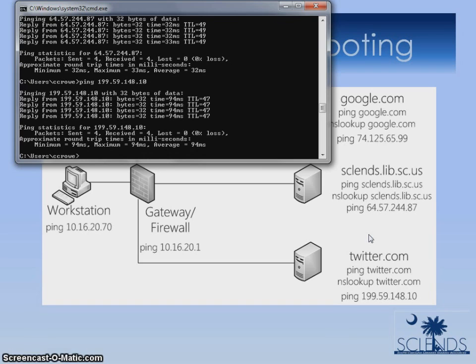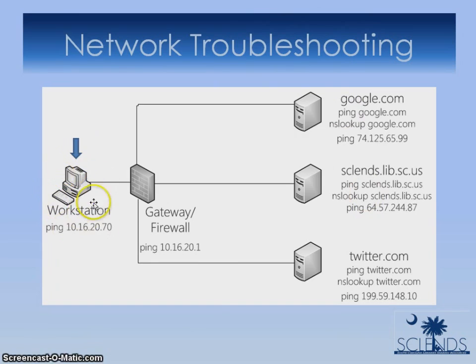Okay, all of these are responding properly. You'll see we tested first our connection here, then our connection to the gateway. We tested SCLens, we tested Google, and we tested Twitter. All of these tested okay using the IP address. This means that our connection is good, but for some reason DNS is not resolving the names SCLens, Google, Twitter into an IP address properly.